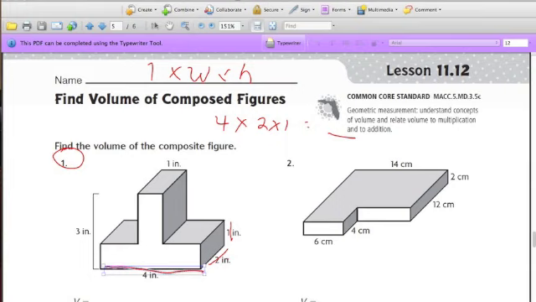Now the issue becomes finding the dimensions of this standing cereal box right here. And all I know is from here to here is 1 inch. I don't know this number. And let's see, do I know the width going from here to here? I do.